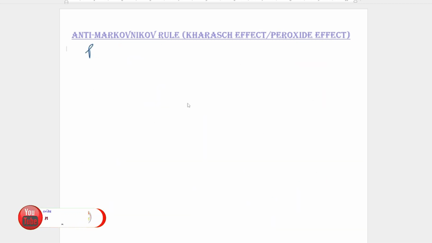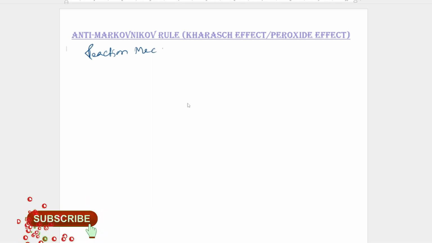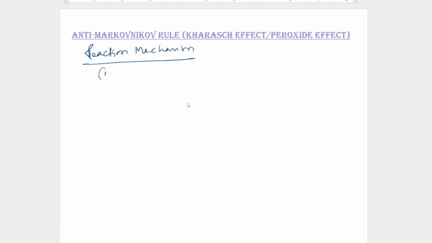Now coming to the reaction mechanism, there are general reaction mechanism steps. One is chain initiation, where a free radical reacts with your substrates and it generates a bromine free radical.